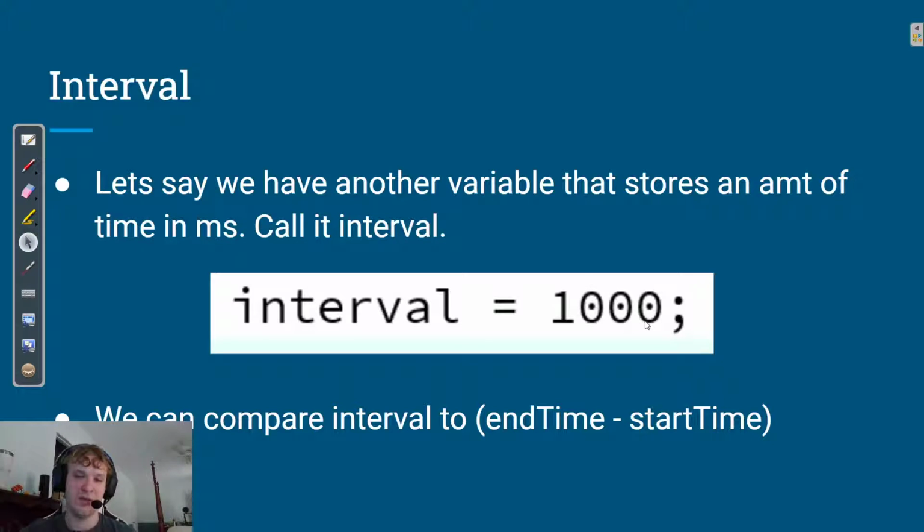Okay. Once we have this variable, which is just a constant, it won't change or anything. But once we have this, we can compare this variable to end time minus start time. Remember, end time minus start time is the time difference. It's like our stopwatch. It's the amount of time that has passed from when we started our timer to when we pressed the lap button.